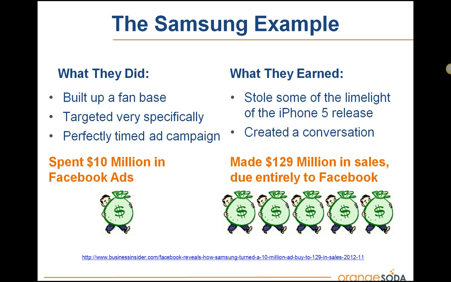They knew exactly when they wanted it to start and when they wanted it to end. They spent $10 million only in Facebook ads, and I believe they probably had other campaigns or outlets of media where they spent money too, but $10 million of that went specifically to Facebook ads.